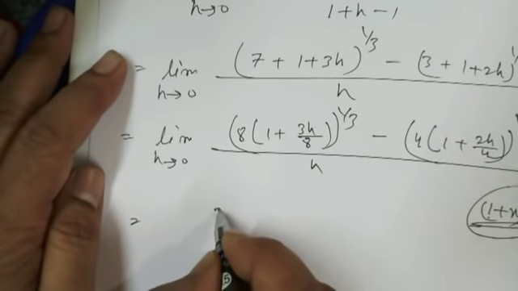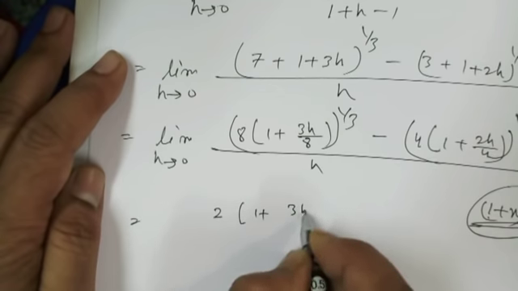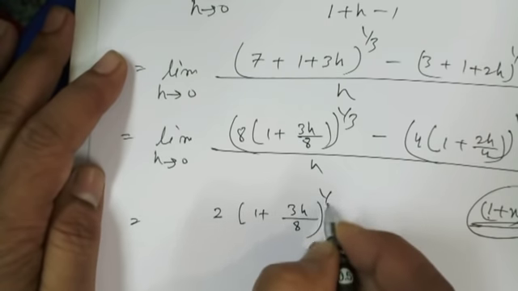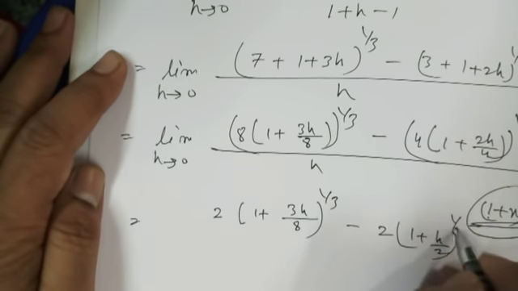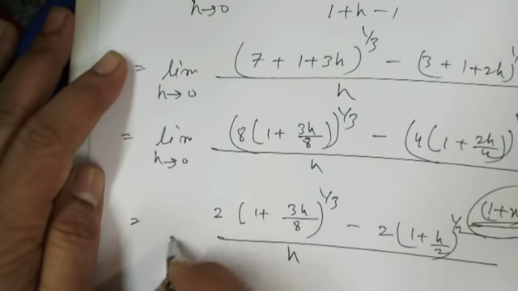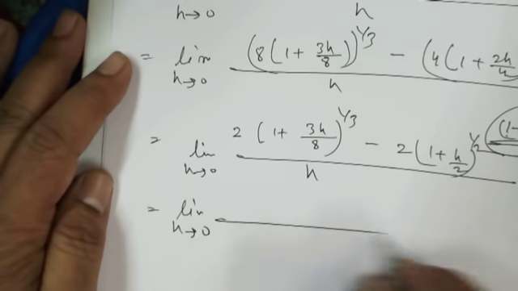this will be 2, and this is also 2. So 2 times (1 plus 3h upon 8) whole power 1/3, minus 2 times (1 plus 2h upon 4) whole power half, upon h, and this will be the limit h tends to 0.